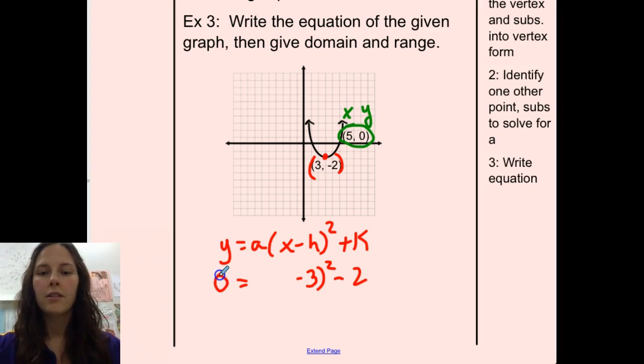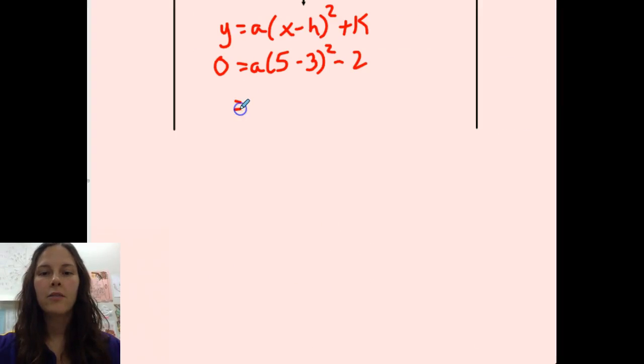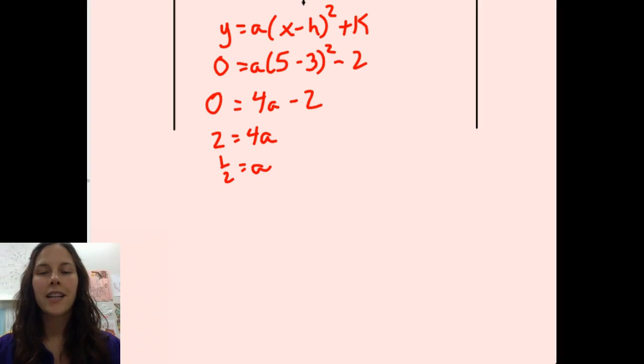Our y was 0, and our x is 5. Simplifying that right-hand side, 5 minus 3 is 2. 2 squared is 4, so we have 4 times a minus 2 will equal 0. Adding 2 to both sides and dividing by 4 gives us an a value of 1/2.